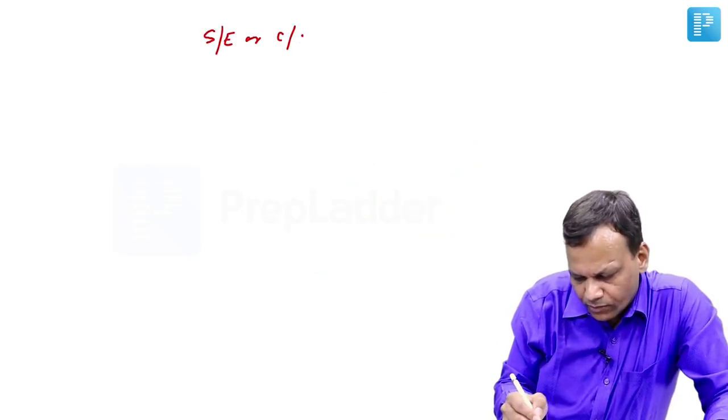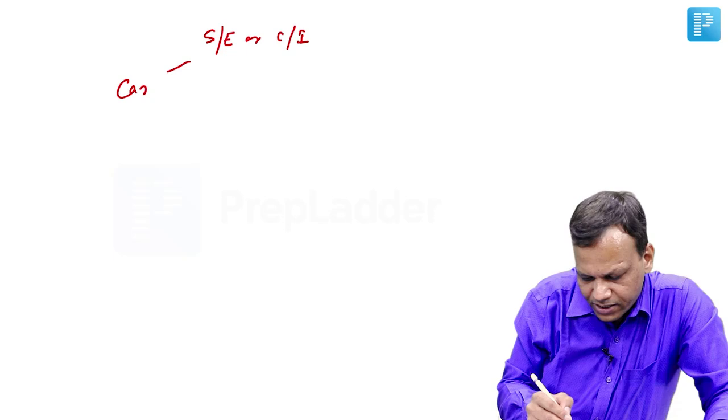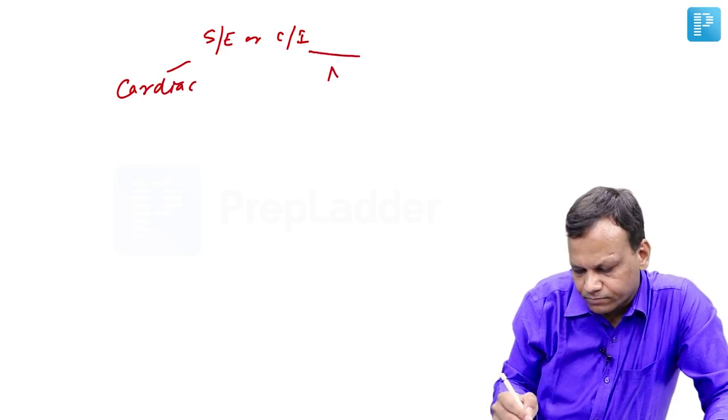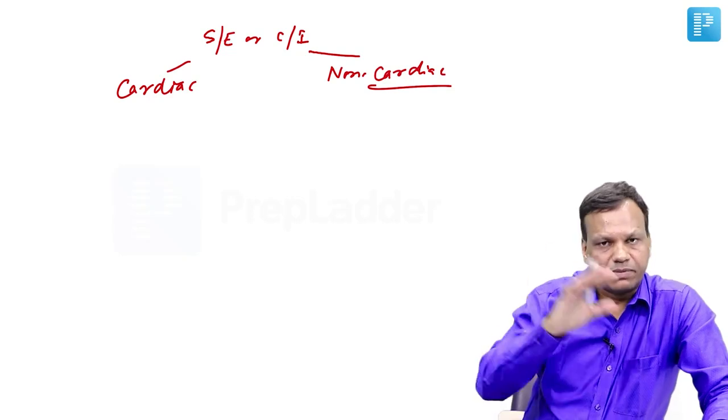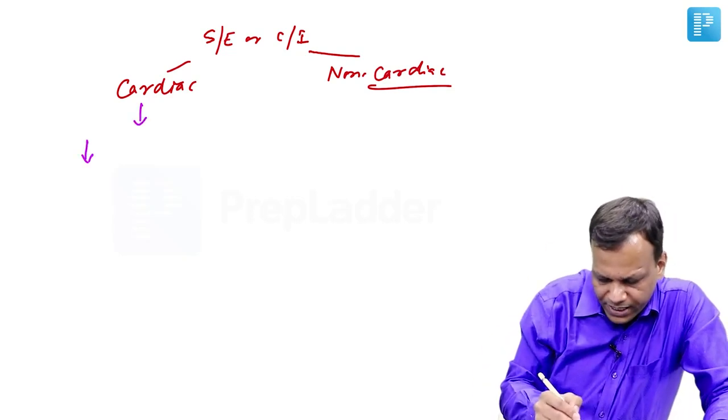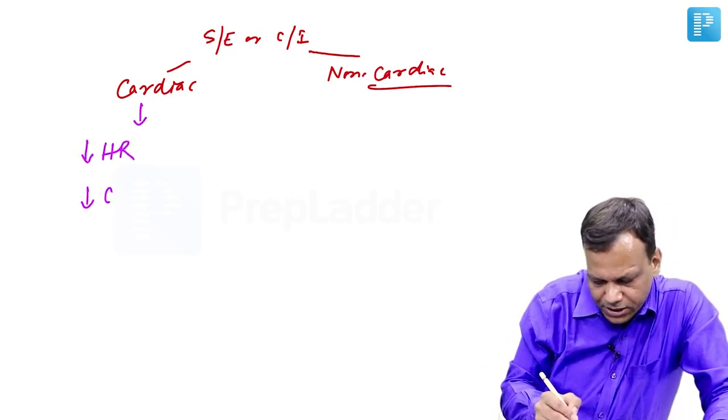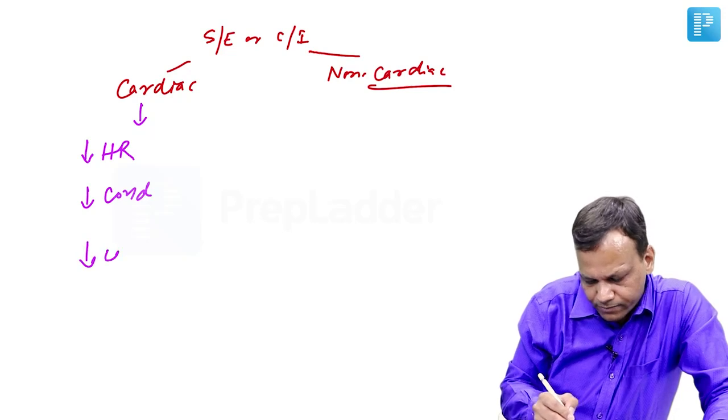Then moving to side effects and contraindications. Again, we can divide them into cardiac side effects and non-cardiac side effects. Cardiac side effects you can remember easily. They are depressing the heart, so they can cause bradycardia. They can decrease conduction. They can decrease contractility.